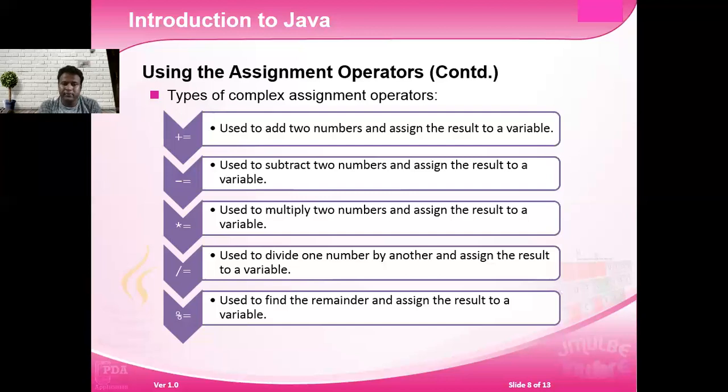Divide equals is used to divide one number by another and assign the result to a variable. Then modulo equals is used to find the remainder and assign the result to a variable. These are the different complex assignment operators we use.